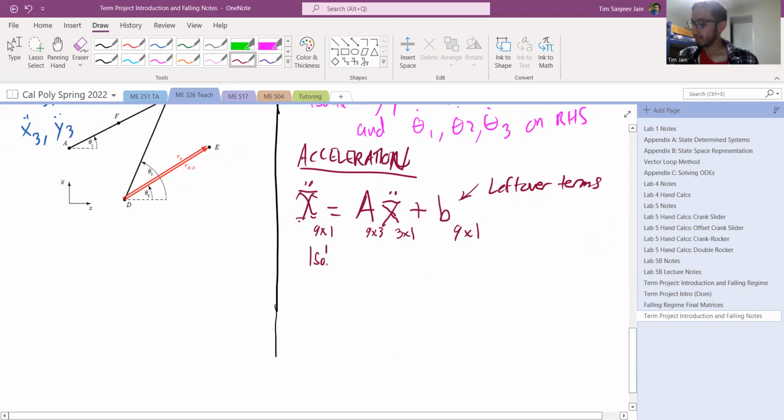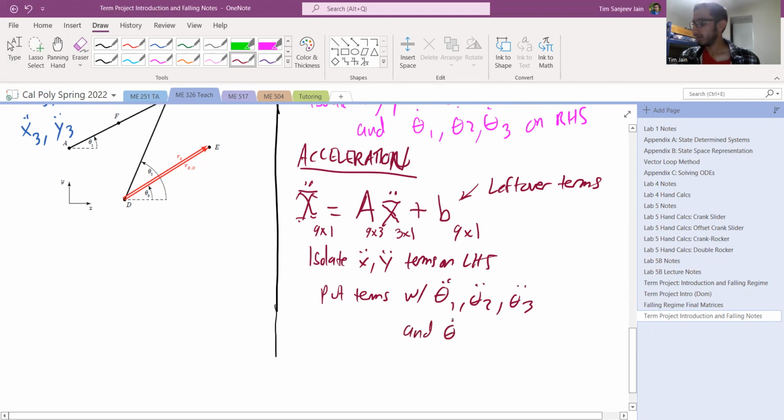So you want to isolate the x double dot, y double dot terms on the left hand side and put the terms with theta double dot 1, theta double dot 2, theta double dot 3, and theta dot 1 squared, theta dot 2 squared, theta dot 3 squared on the right hand side.